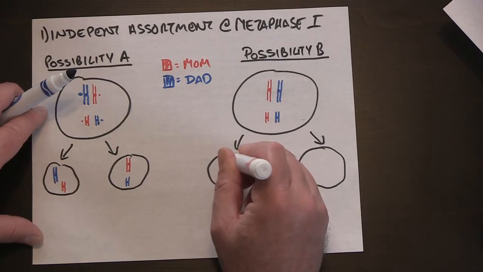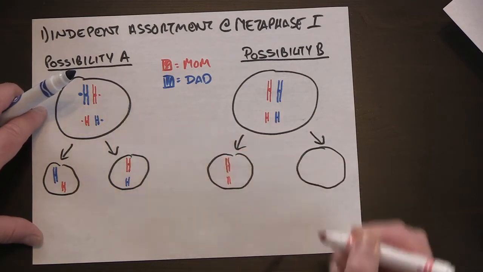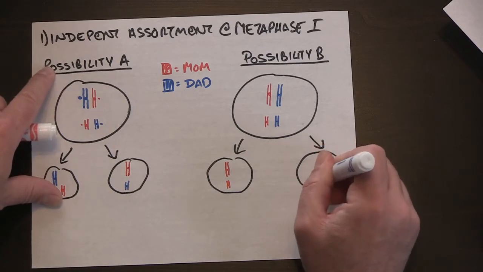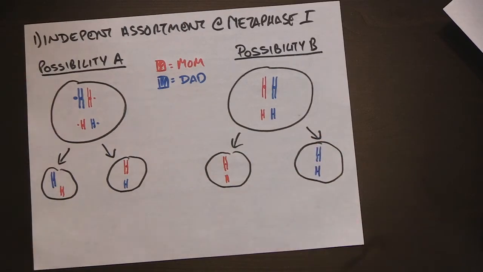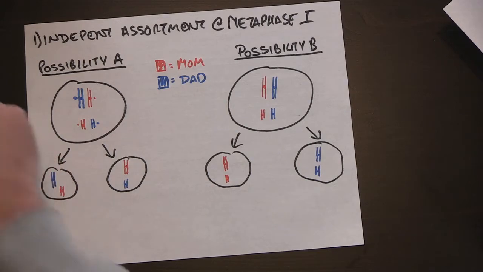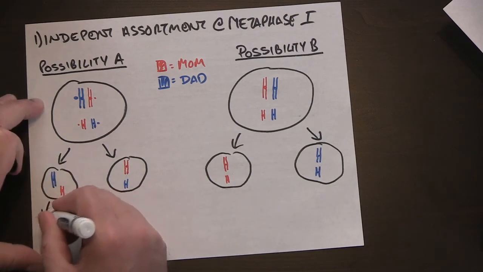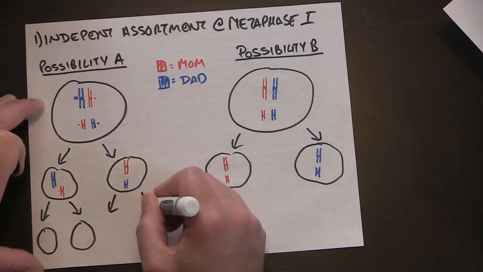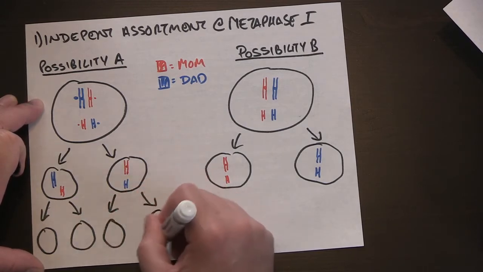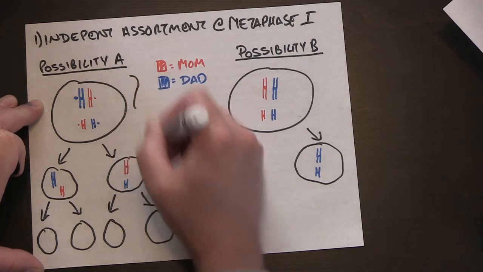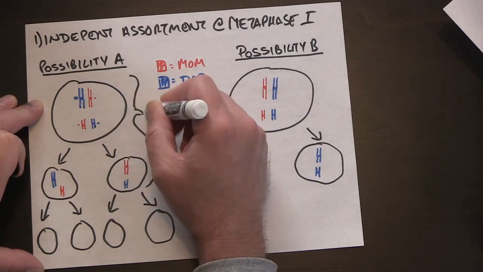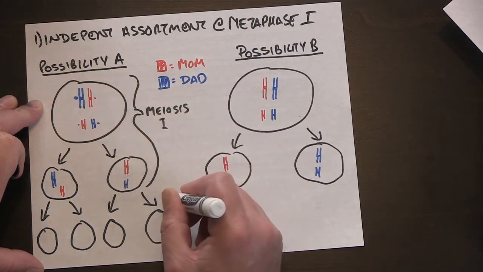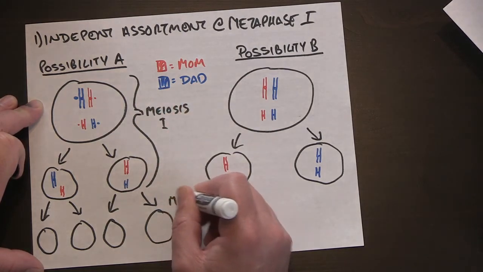Here, both those cells are going to have either moms or dads. And then when they divide again to make gametes, this is during meiosis 1, and then this is meiosis 2.